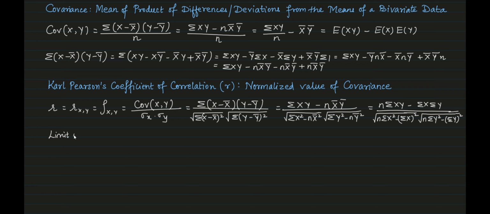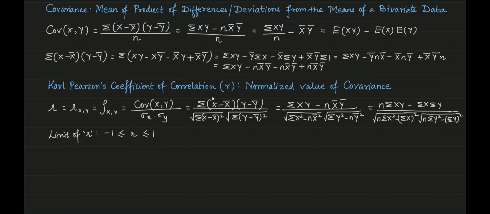The limit of r, Karl Pearson's coefficient of correlation, is from -1 to 1, both inclusive. r equal to 1 shows perfect positive correlation. r equal to -1 shows perfect negative correlation. If the value is closer to +1, then there is a strong positive correlation. If the value of r is closer to -1, it shows strong negative correlation.